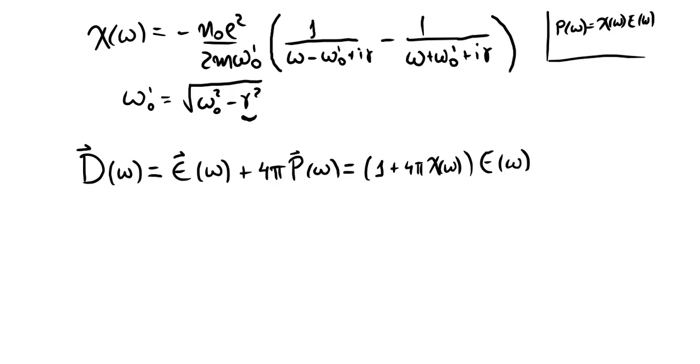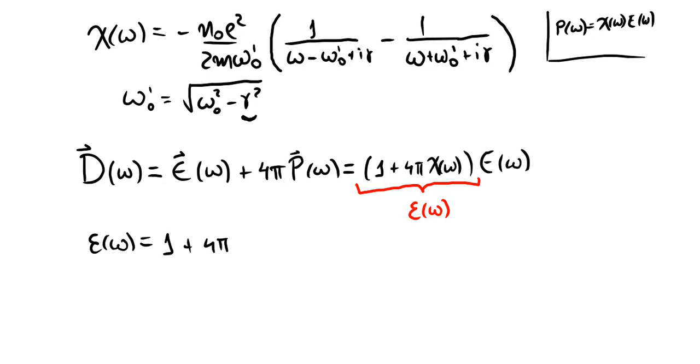So now what I have is something that I can define as an effective dielectric function, right? This is something like the dielectric constant of the system, but now it's no longer a constant. It's going to depend on omega. Depending on the frequency of the light that you are using in the system, because of these dipoles that were generated, and these dipoles change with time, I don't have a dielectric constant anymore. What I have is a dielectric function, and it's a function of the frequency, right? So if I want to write this definition of the dielectric function, I can write it as 1 plus 4 pi.